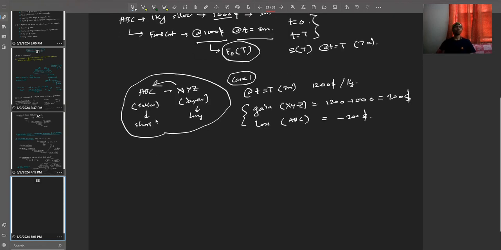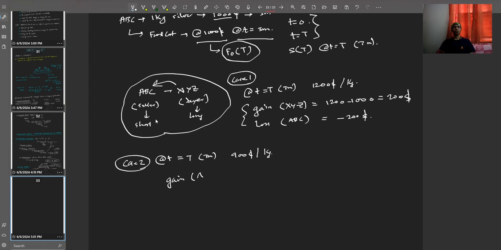Now case 2. Let's say the price at T is equal to T is $900 per kg. In this case, ABC has gained.